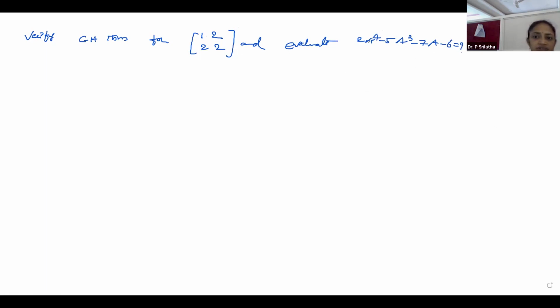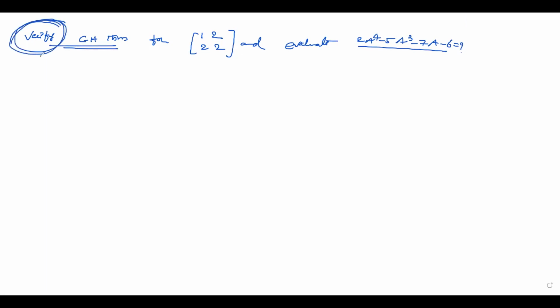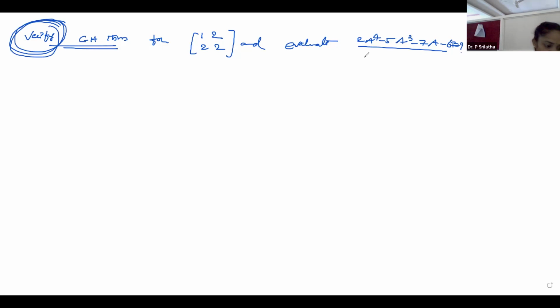Okay. So how to calculate this one? By using Cayley-Hamilton theorem. So before that you should verify. Minus 6i, ma'am. Yes, minus 6i. So how to verify this? I think all of you know that by Cayley-Hamilton theorem, every square matrix satisfies its own characteristic equation. So from that you can find the characteristic equation, right?